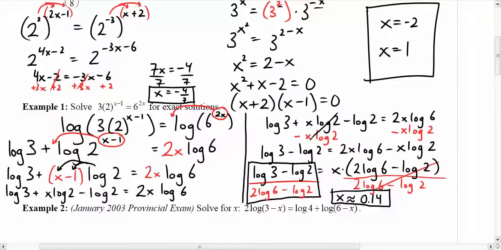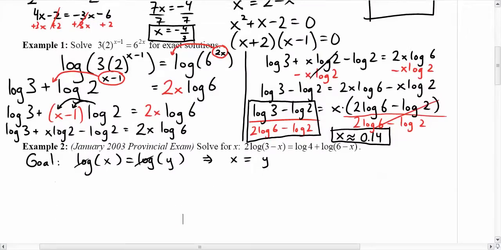So anytime that you see a log equation, your goal is to have log of one thing equals log of something else. Because if you have log of x equals log of y, that means that the insides have to be the same, that x equals y. So if you only have one log on each side, and the bases are the same, that's when you can cancel the logs. So our goal is going to be to get one log on each side.